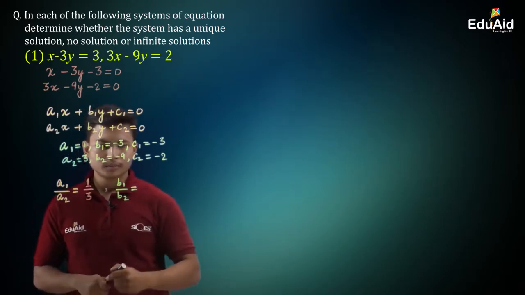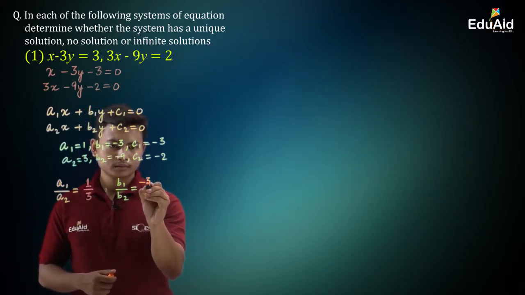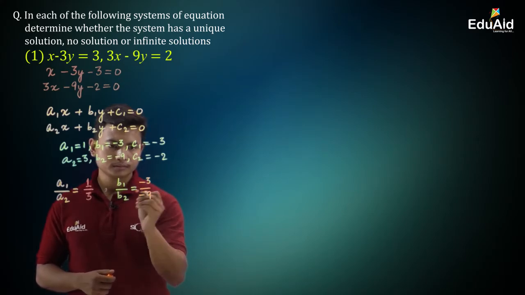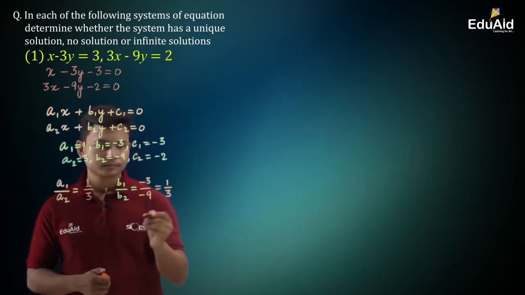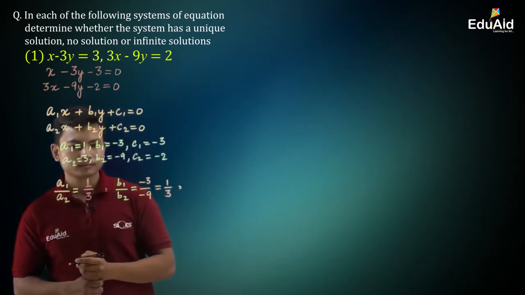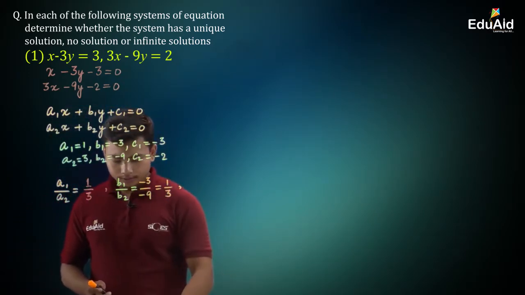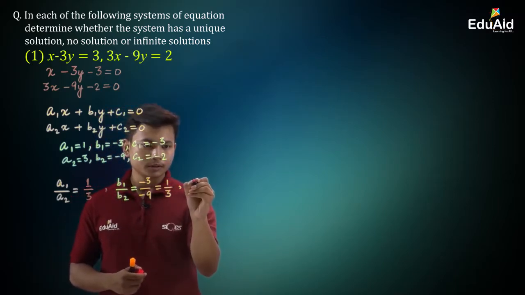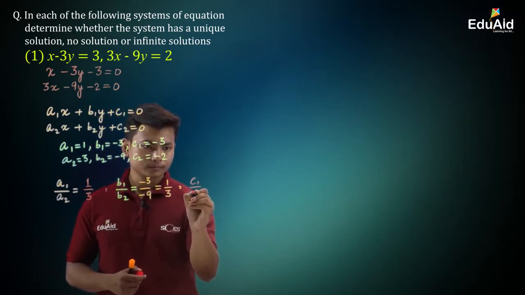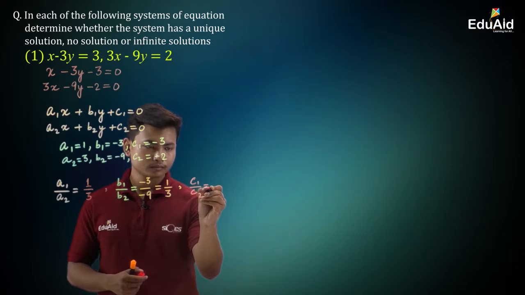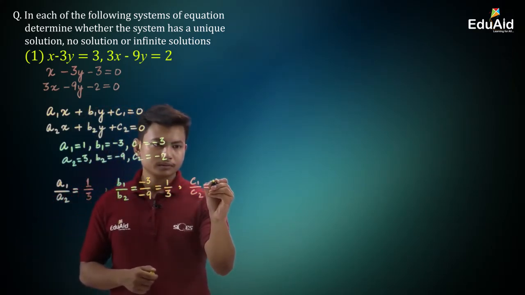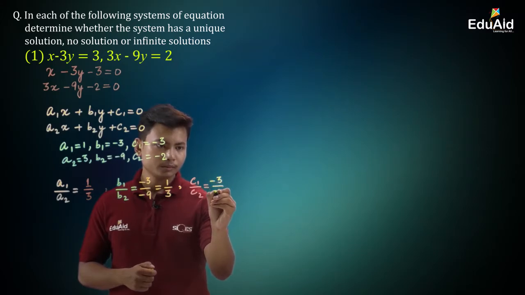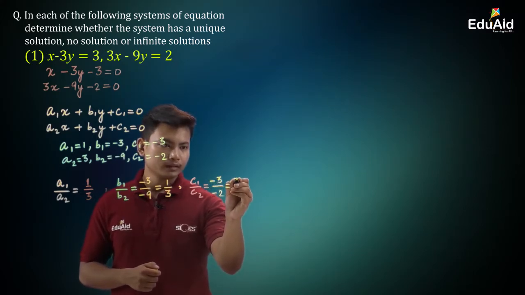Now b1 is minus 3 and b2 is minus 9, or we can write it as 1 by 3. And next we find c1 by c2. Now c1 is minus 3 and c2 is minus 2, or we can write it as 3 by 2.